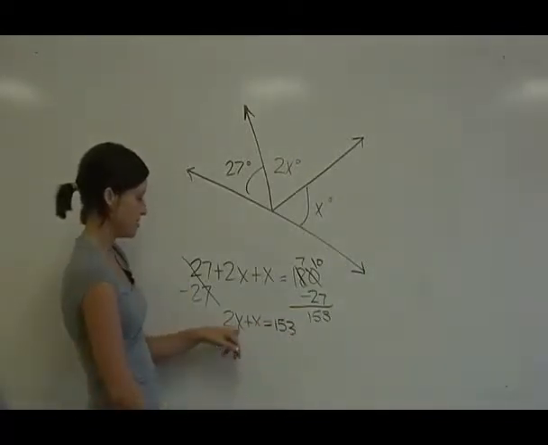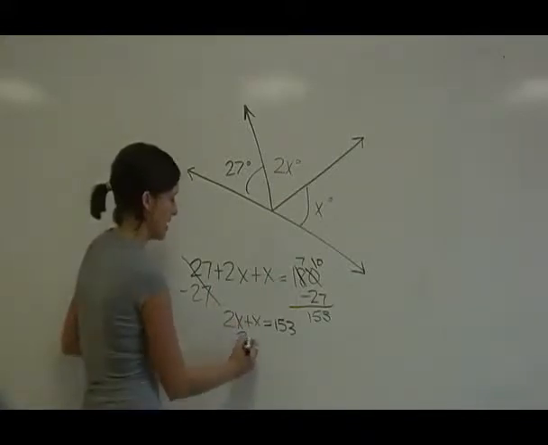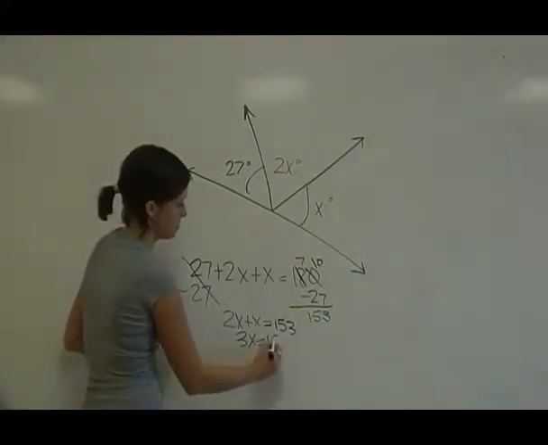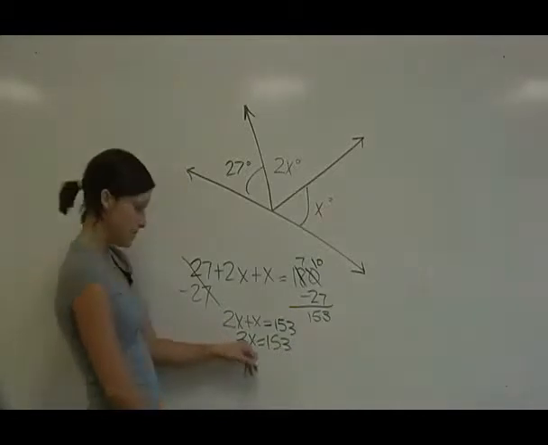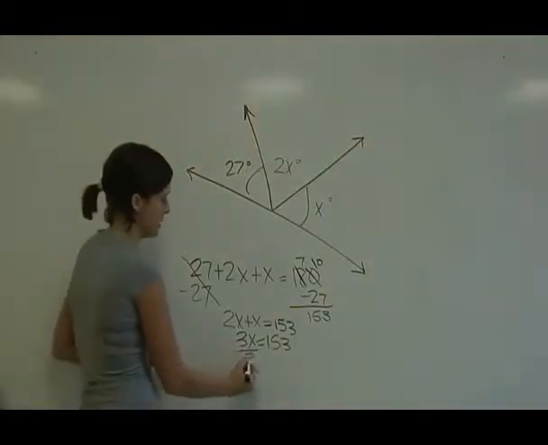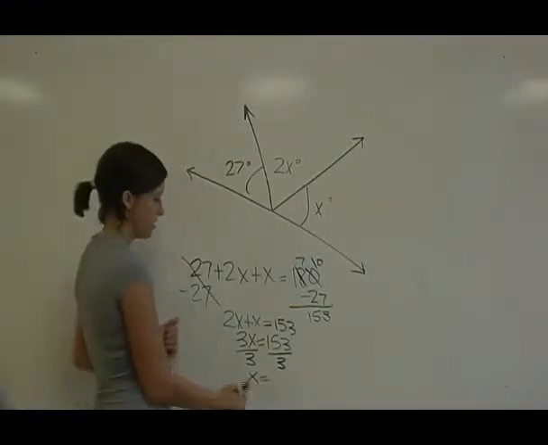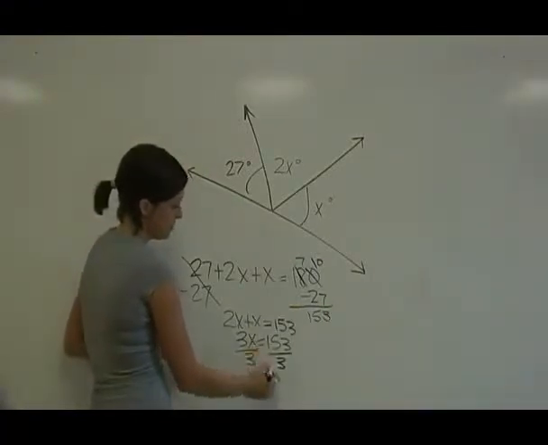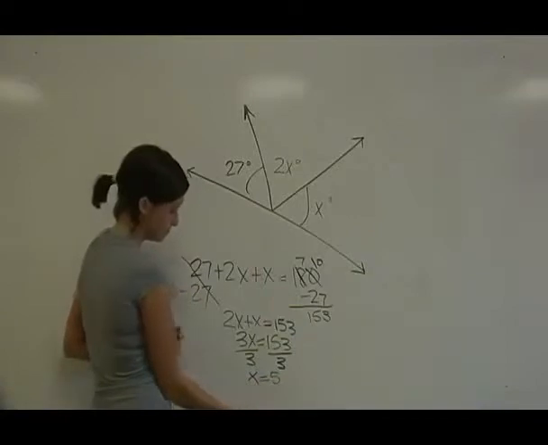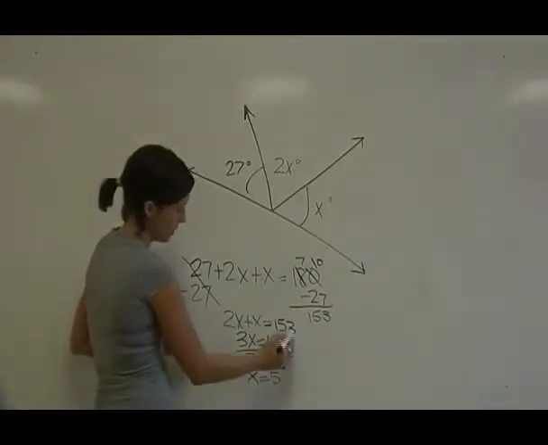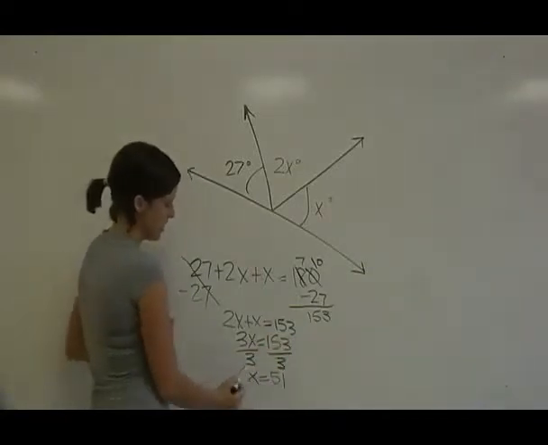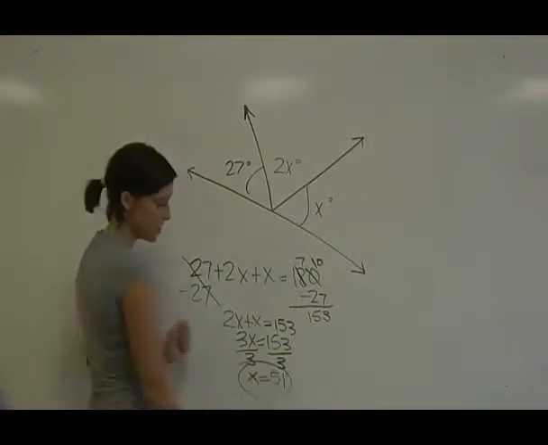All right, so now we have 2x plus an x, which is 3x, equals 153. We have 3 times x, so we need to divide both sides by 3, and that will leave us with our variable x. 3 into 15 goes 5 times, and 3 goes into 3 1 times. So x equals 51 degrees.